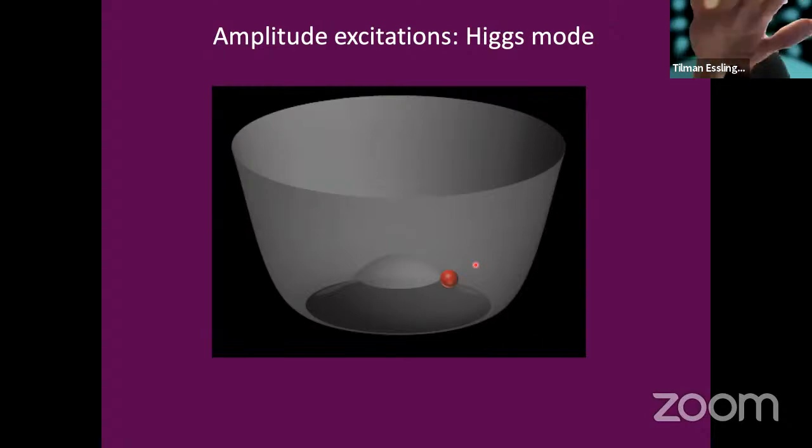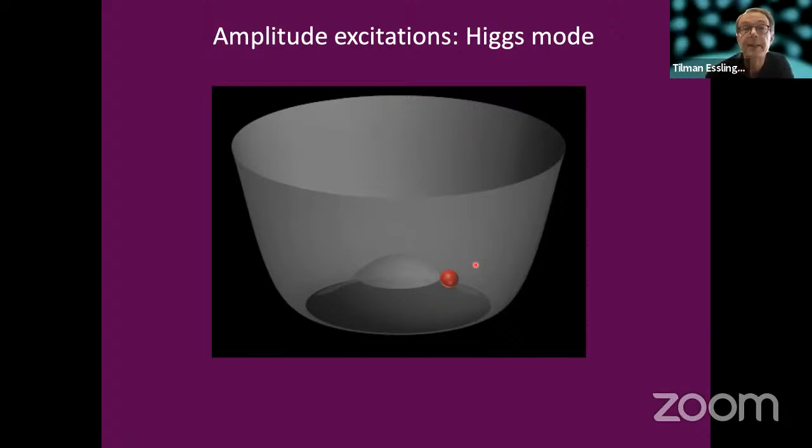Here a Mexican hat is illustrated, and we had seen this Mexican hat early on in the alpha 1, alpha 2 plane. So the nice thing is that if we read out our field, we can directly read out the order parameter and the excitations of the system through the field.